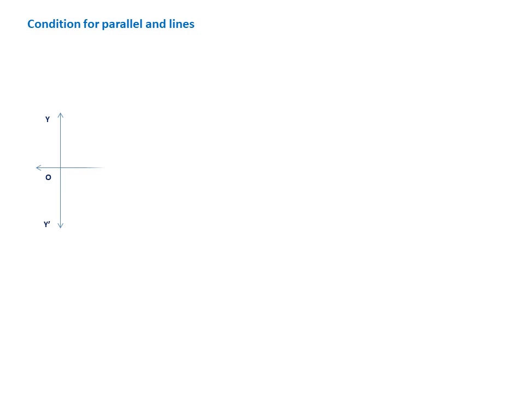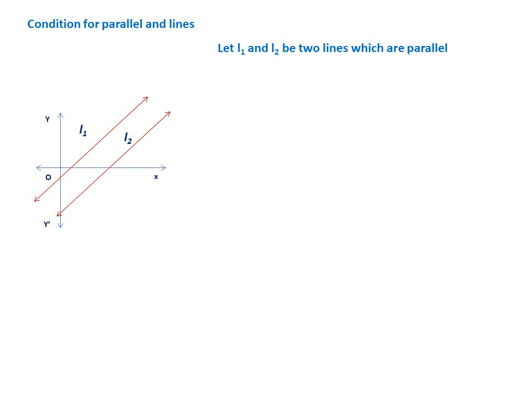Condition for parallel lines. You take a line L1 and another line L2. Suppose they are parallel. So let L1 and L2 be two lines which are parallel. Now in the diagram, suppose alpha is the angle which L1 makes with the positive direction of the x-axis, and beta is the angle which L2 makes with the positive direction of the x-axis.